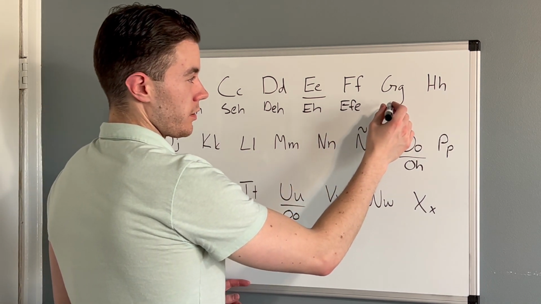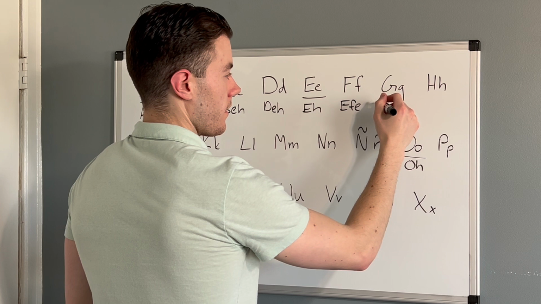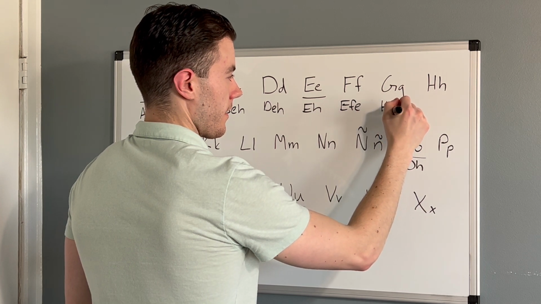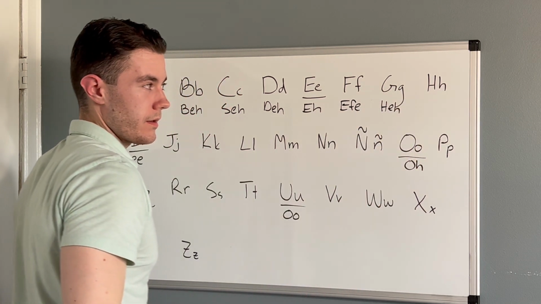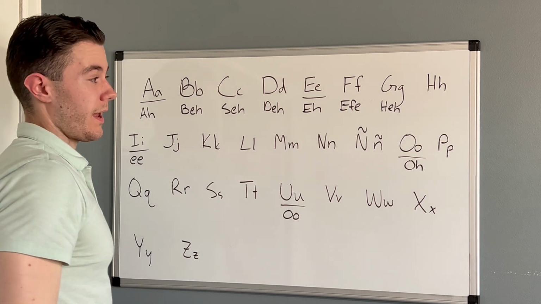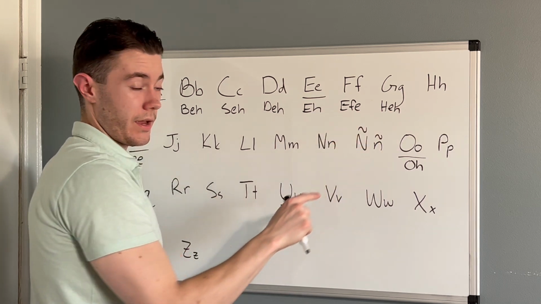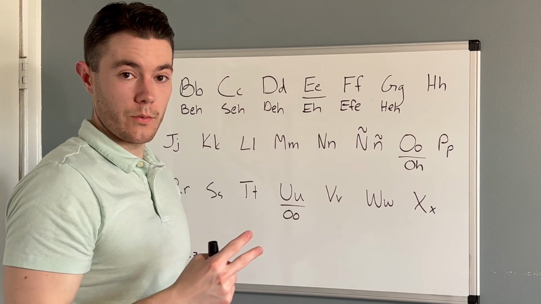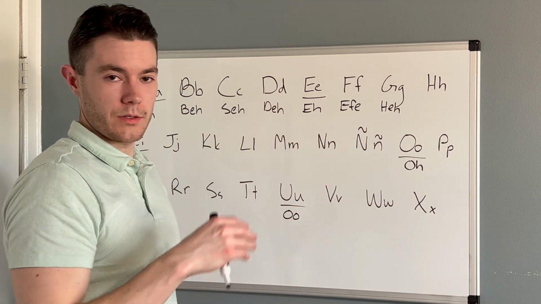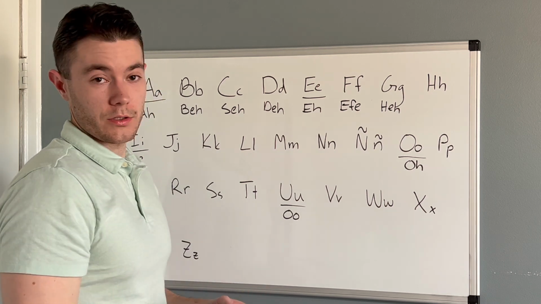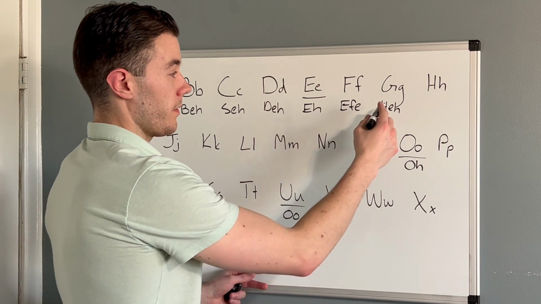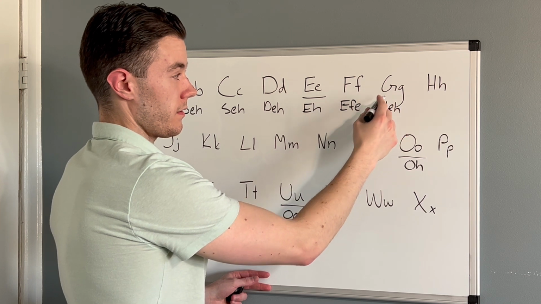So then English letter G is he. It's not ge, it's he. This letter he can be pronounced 2 different ways. I'll explain later in the video. There's a hard sound and a soft sound, but it's pronounced he.